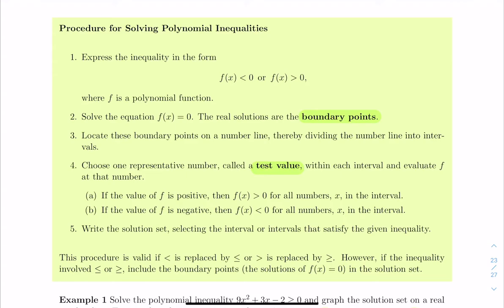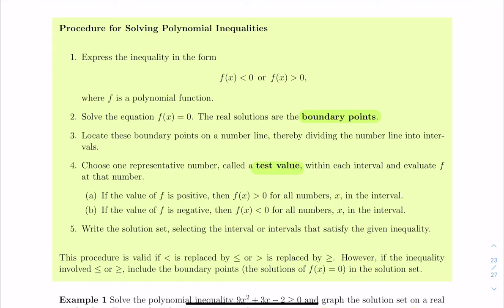If the value of f is positive, then f of x is greater than 0 for all the numbers x in the interval, and if it's negative, then f of x is less than 0 for all numbers x in that interval. We're going to write the solution set, selecting the interval or intervals that satisfy the given inequality.